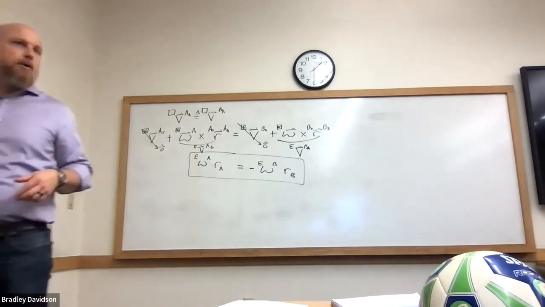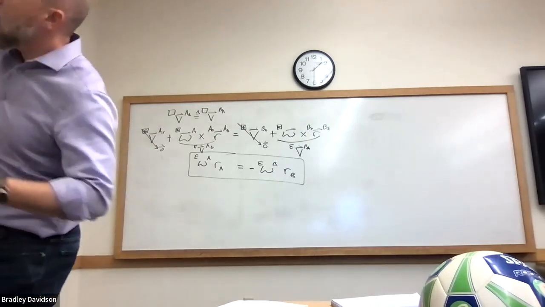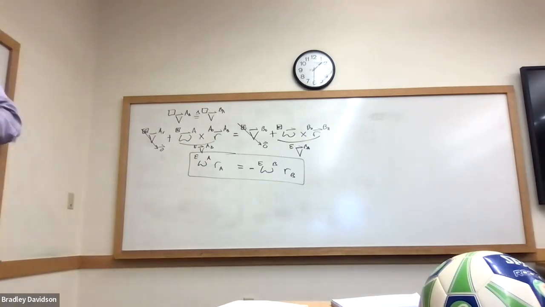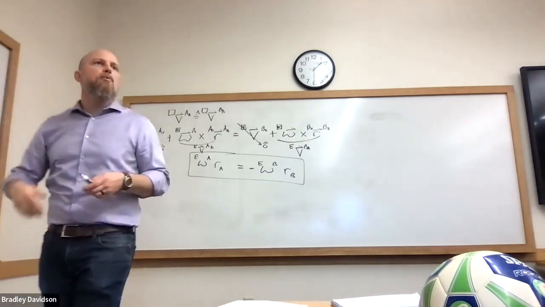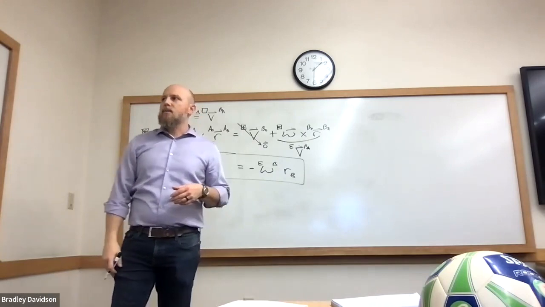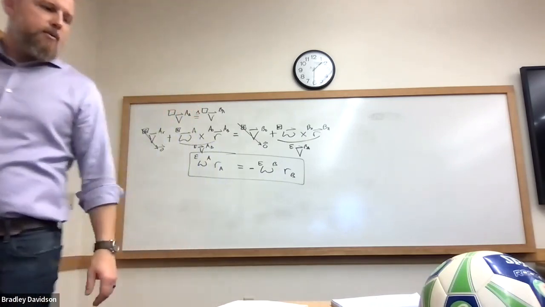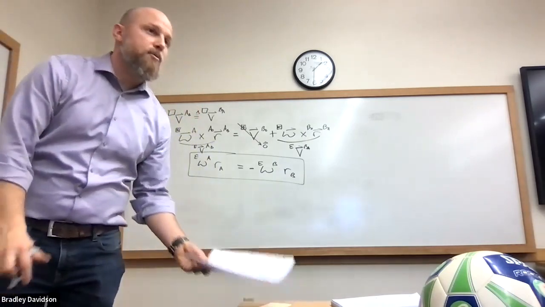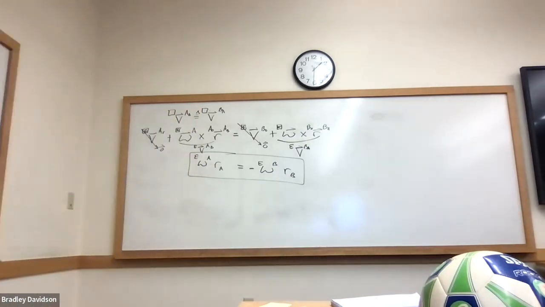NX to EX gives us something in the negative NC direction due to our right-hand rule. That's how we get that. But we actually have 2 more variables. We have this guy, which is going to be omega in the AZ direction or NC direction. We have omega in B in the BZ direction.